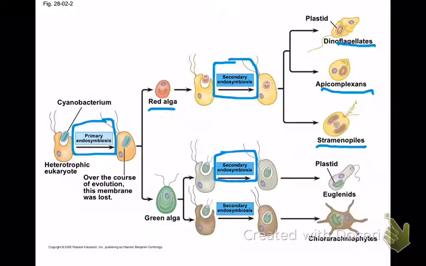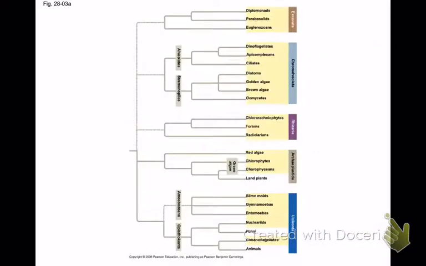And this led to the origin of the euglenid family and these other organisms that we really didn't talk about, the chlorarachniophytes. But we don't really need to concern ourselves with those because we didn't cover them.